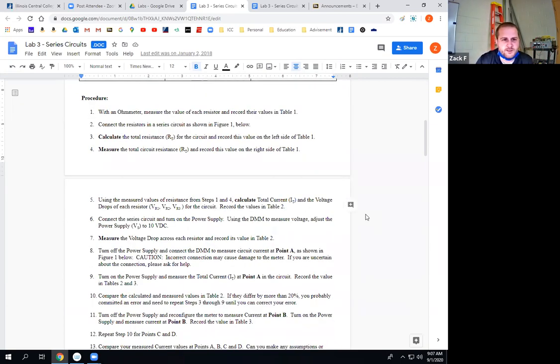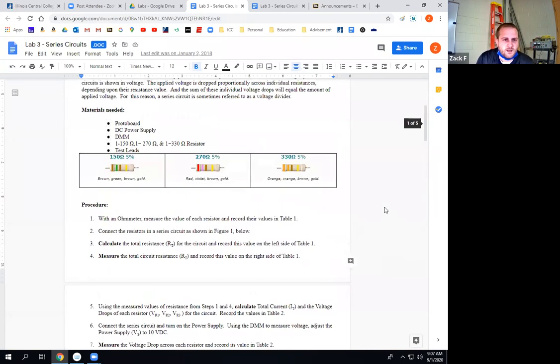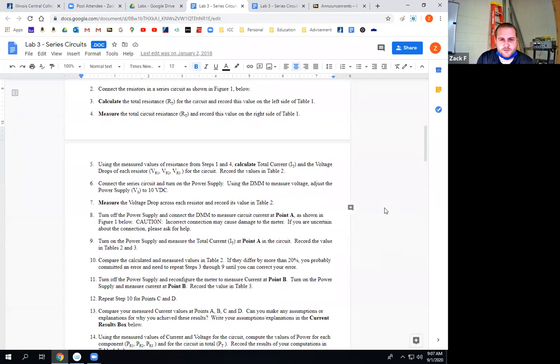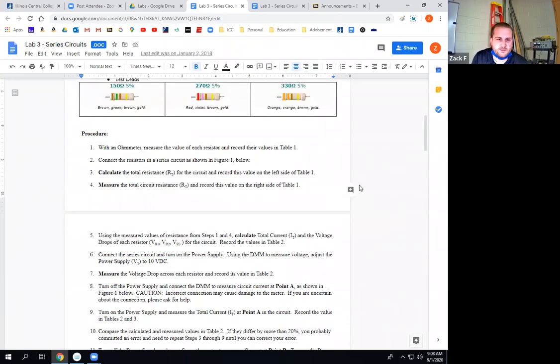Anyway, here's the procedure. With an ohm meter, measure the value of each resistor and record their values in table 1. I'm going to skip that part and just assume that my resistor is... No, I won't skip that part. I'll do it with you guys. How about that?